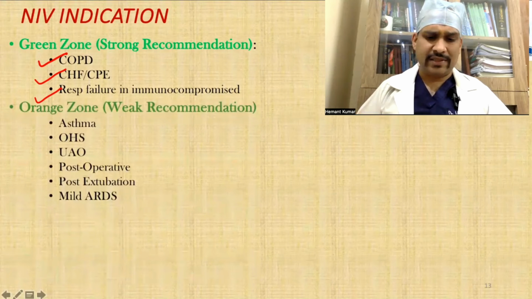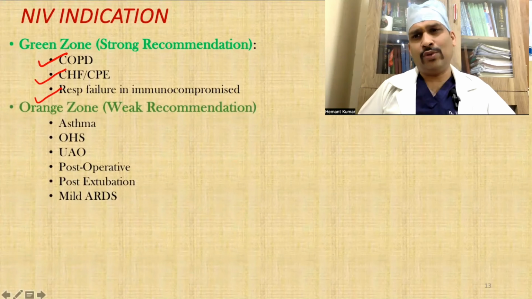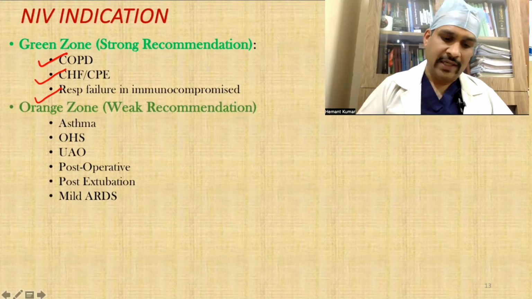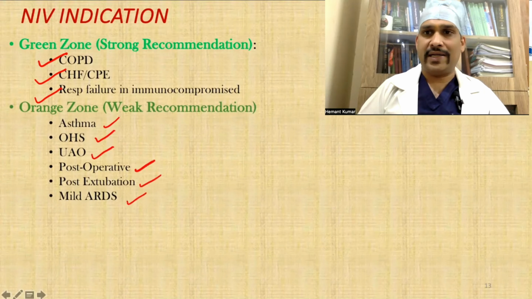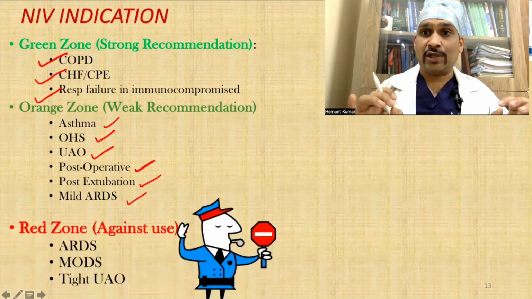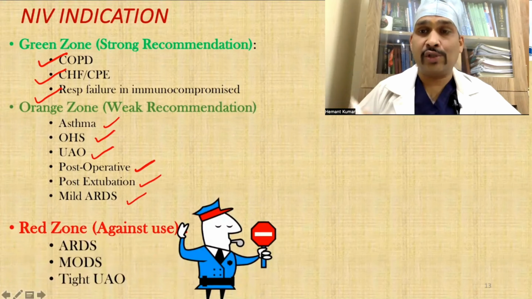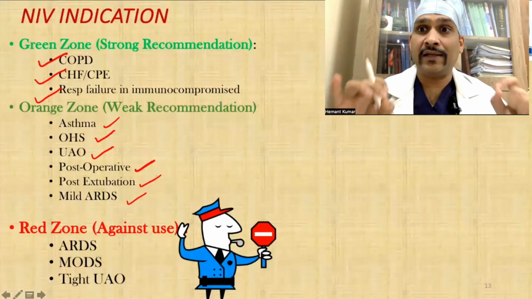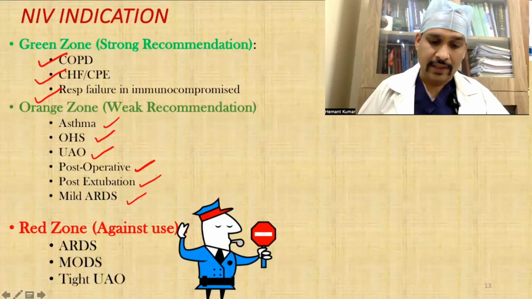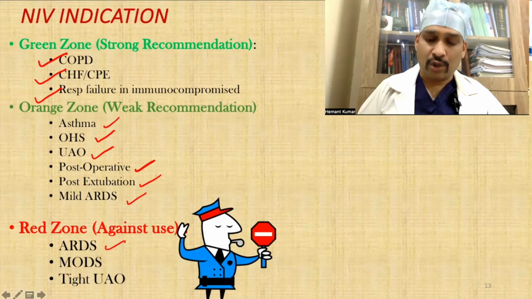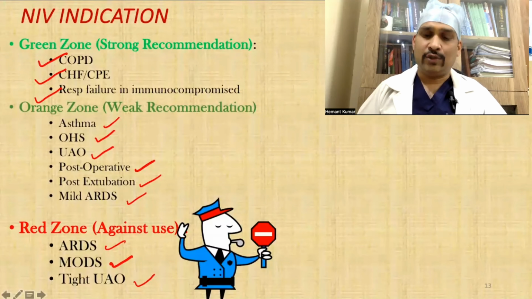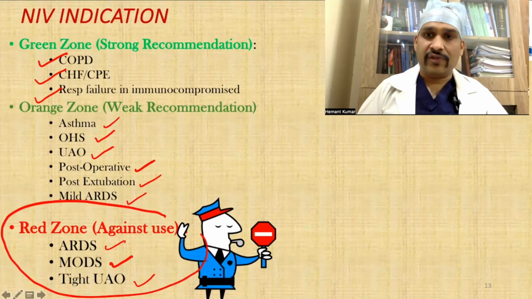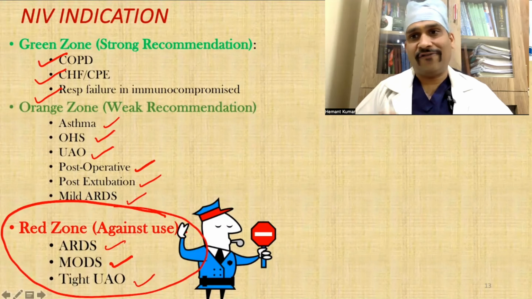A moderate recommendation means a weak recommendation, that we can use it but cautiously, in asthma, obesity, hyperventilation syndrome, upper airway syndrome, post-operative extubation, mild ARDS. But strongly against the use: we should not use NIV upfront in ARDS, multi-organ dysfunction syndrome, and tight upper airway obstruction.